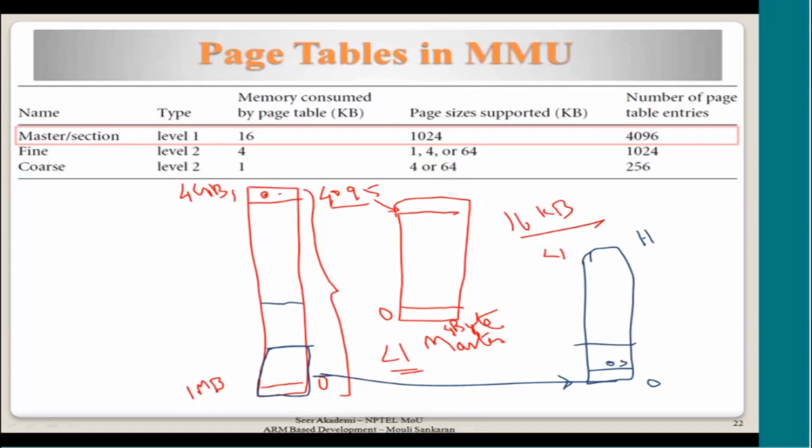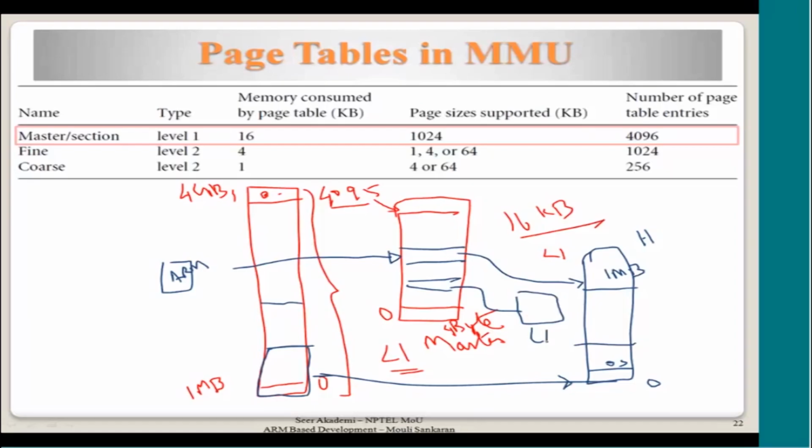Except for that, any virtual address that ARM generates will map to one of the entries in this table. The entry will then decide whether it points directly to a 1 MB space in the physical memory, or it points to another table, which is called the L2 table, and which gives finer granularity in terms of access permission of that 1 MB space.